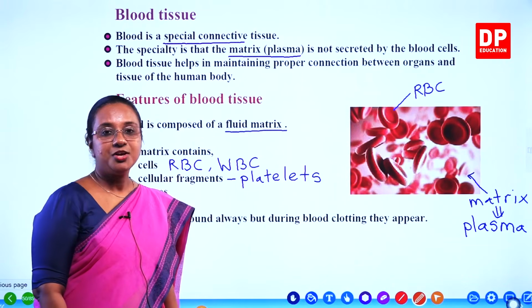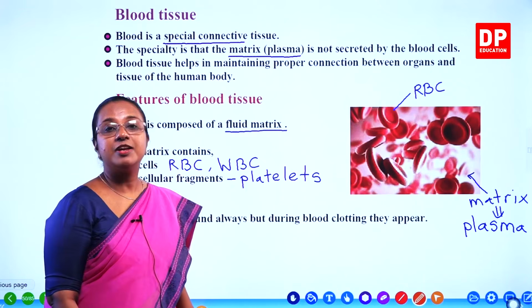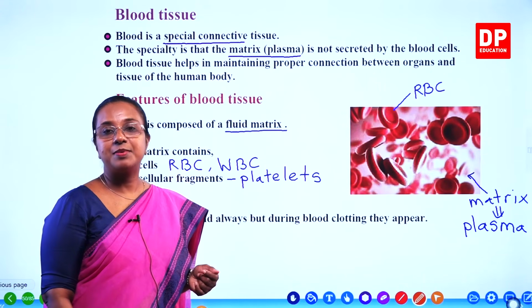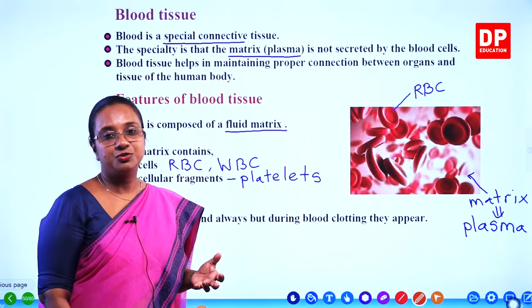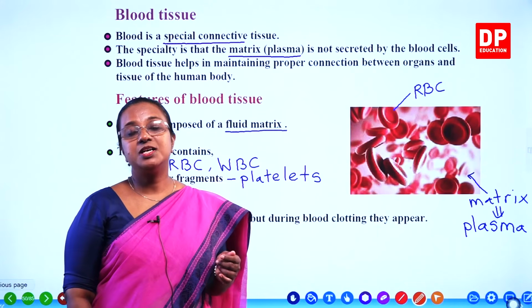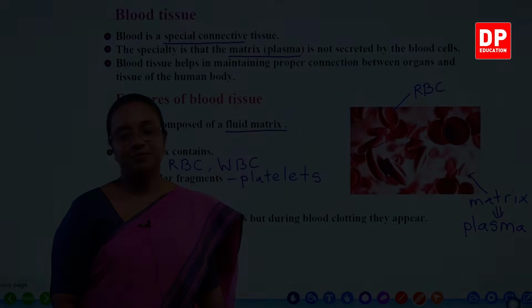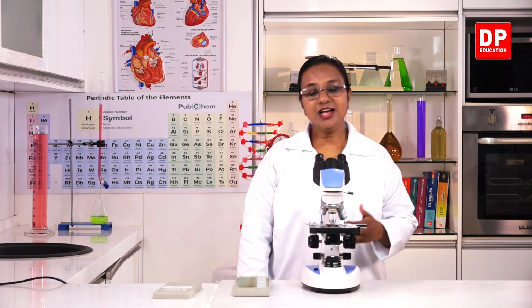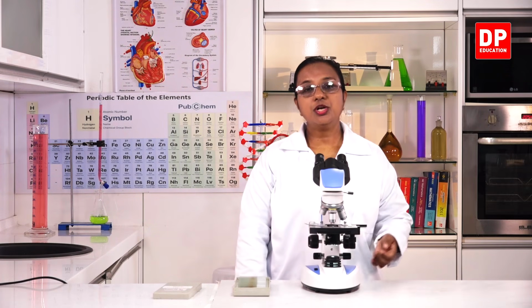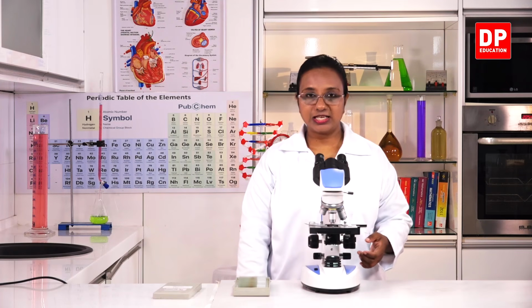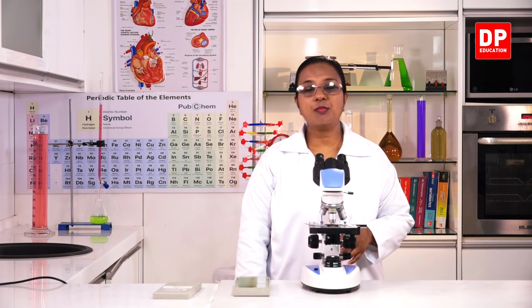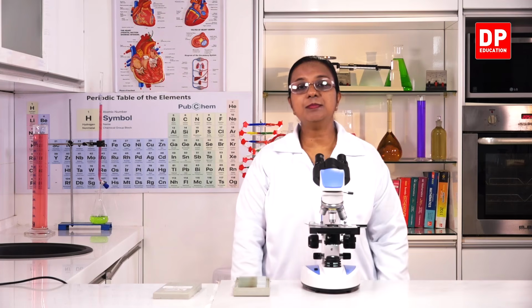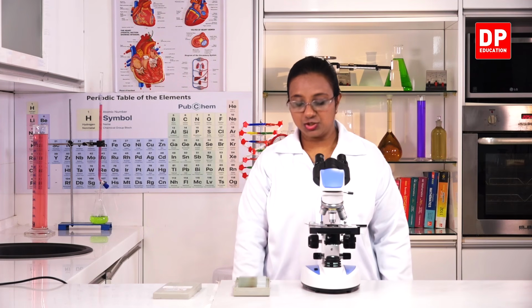So, students, we can observe different types of cells that are present in blood tissue. Let us observe this in the lab now. Now we are going to observe the blood tissue. You all know it is a type of connective tissue, and we will be observing it using the permanent slides available to us.